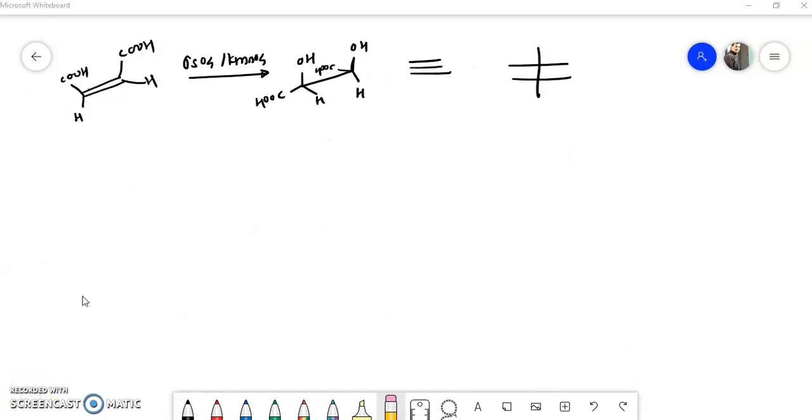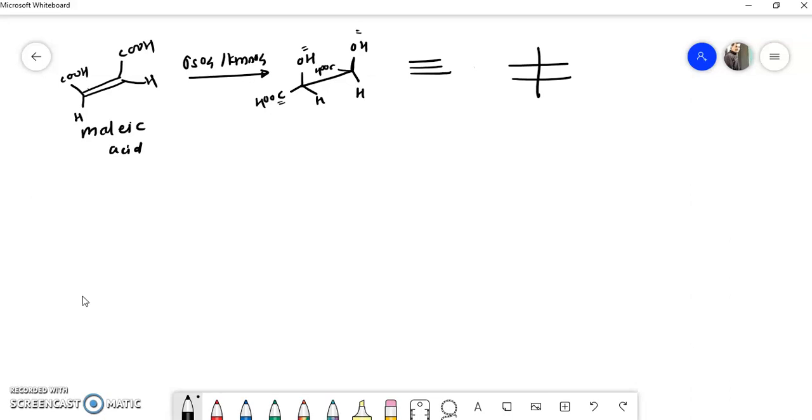Now we will see another example. Suppose this is maleic acid. In maleic acid, both the COOH groups are on the same side of the double bond. So if we do the hydroxylation of this maleic acid, then the OH groups will be on the same side, and the COOH groups are on the same side.